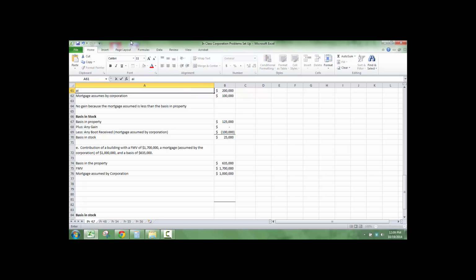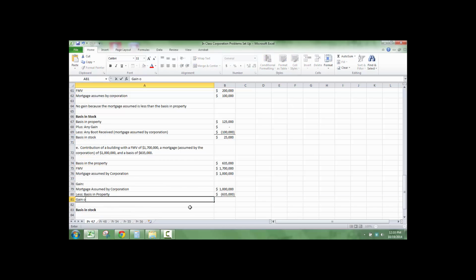So to calculate the gain, gain equals mortgage assumed by corporation less basis in property, which is the 635,000.